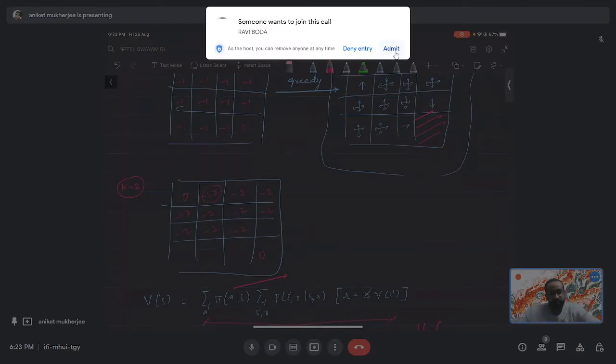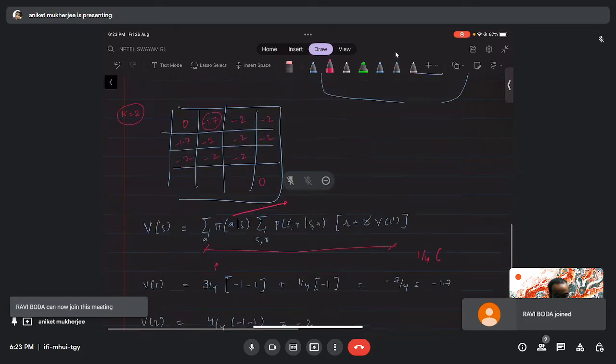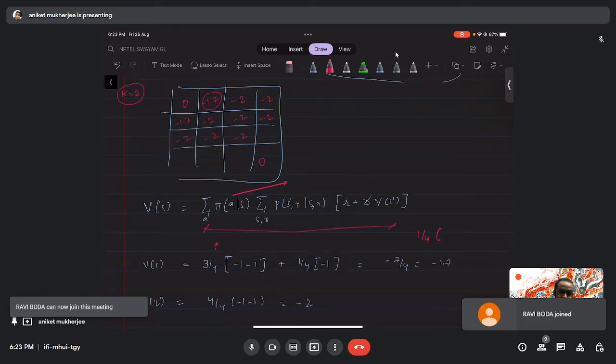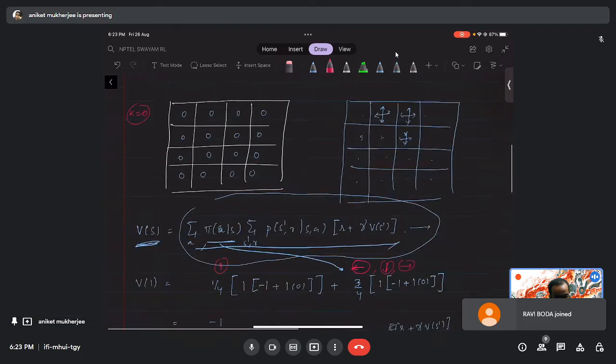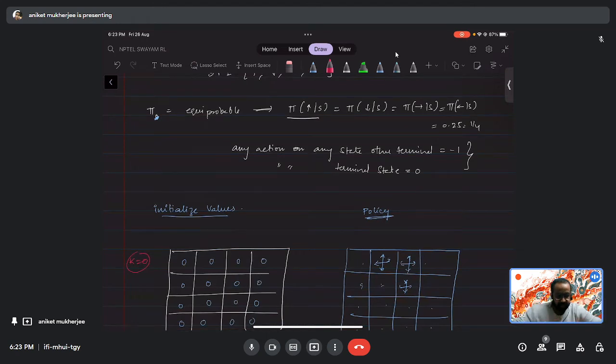And do we get a reward of -1? So for any action you take in any state, the reward is -1. But if you're in the terminal state, your reward is 0. So even if you're in state 1 and you go to the terminal state, you get a -1 penalty.